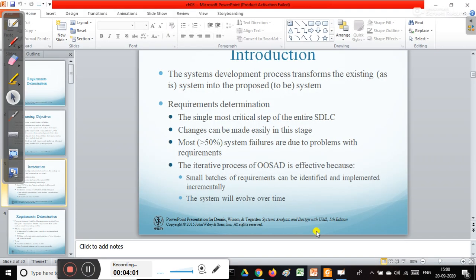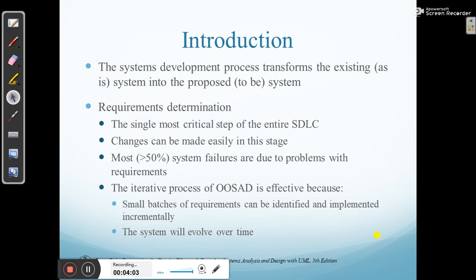In this case, during every iterative process, small batches of requirements are identified incrementally and implemented incrementally, and thus the system will evolve over time. So this is another way to find out the requirements.